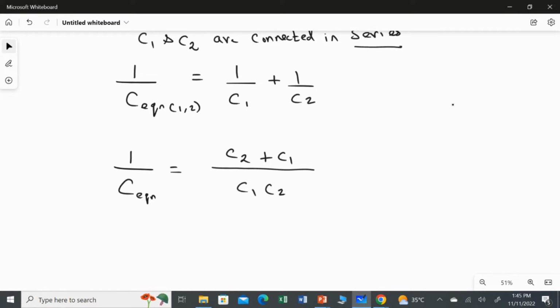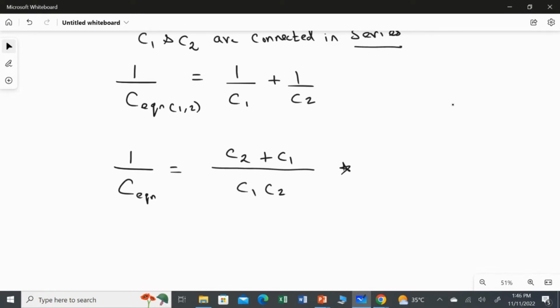Because you have to see the third capacitor, I'm going to convert this 1 over C equivalent, that means 1 over C total, in terms of C total. I'm going to take the reciprocal, because we need the equivalent capacitance, not 1 over equivalent.